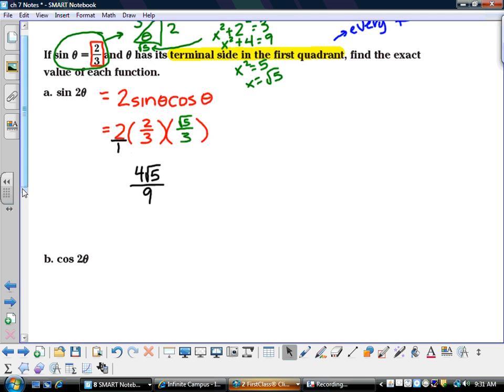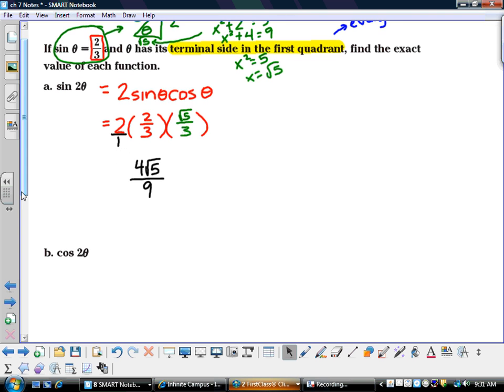Next one, cosine 2 theta. The formula from today, cosine squared theta minus sine squared theta. And I already figured out the values for cosine and sine.